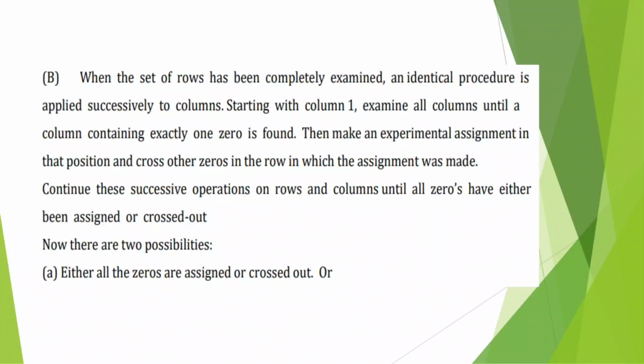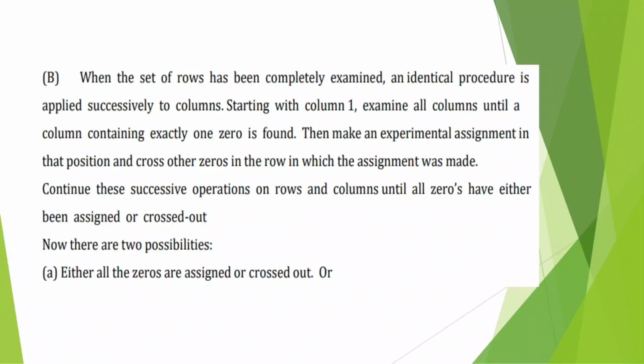When the set of rows has been completely examined, an identical procedure is applied successively to columns. Starting with column 1, examine all columns until a column containing exactly one zero is found, and make the assignment. By continuing this successive operation on rows and columns until all zeros have been either assigned or crossed out.